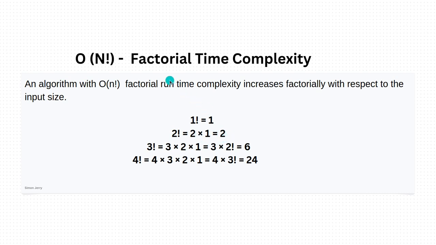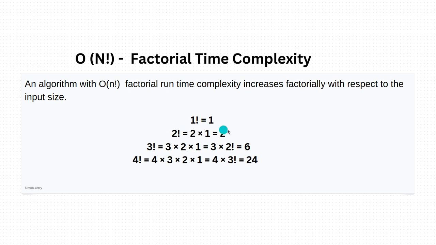Many people understand the word number factorial, but let me just do a little example on that. When we say number factorial, it means that the factorial of a number is the product of the sequence of integers from 1 up to that number.